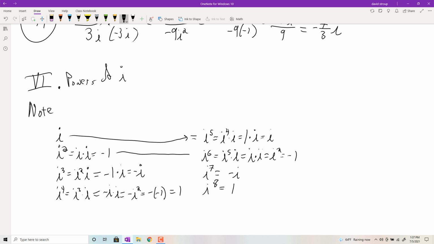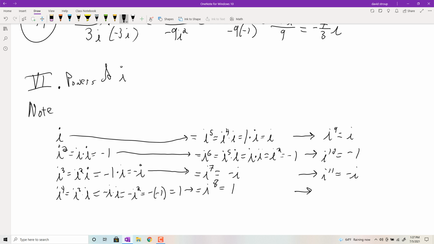I squared is equal to I to the sixth. I cubed is equal to I to the seventh. And then I to the fourth is equal to I to the eighth. And then you could say I to the ninth is equal to I to the fifth. I to the 10th is equal to I to the sixth. I to the 7th is equal to I to the 11th.